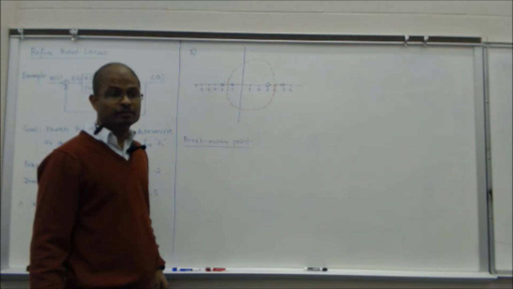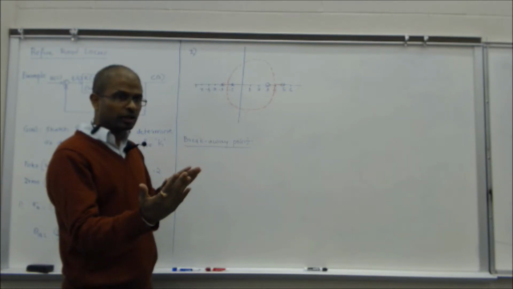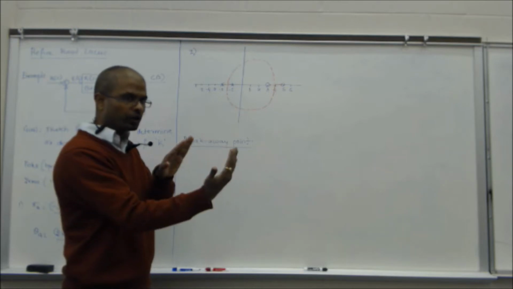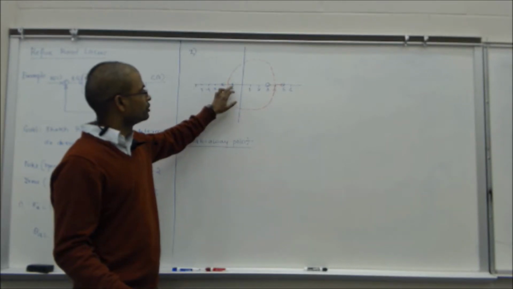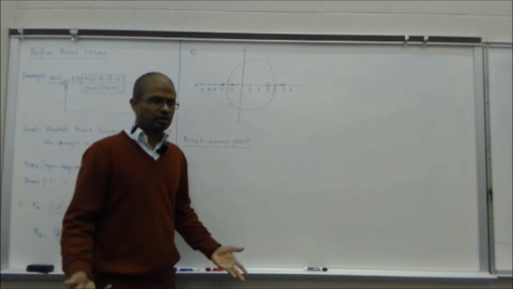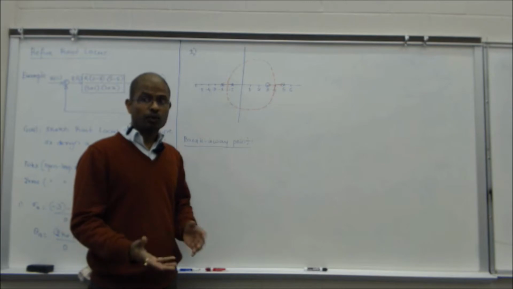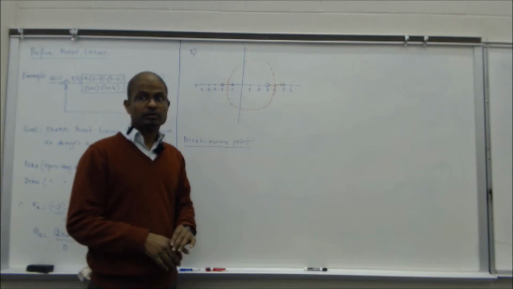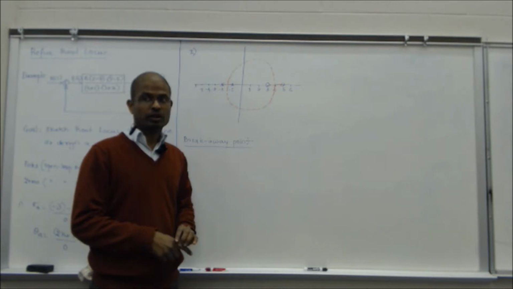Then it will exist between 1 and 2 and nothing else. So if it was just 1, 4 and 1, 0, I would just join this, nothing else. The number of zeros and poles combined should be an odd number.